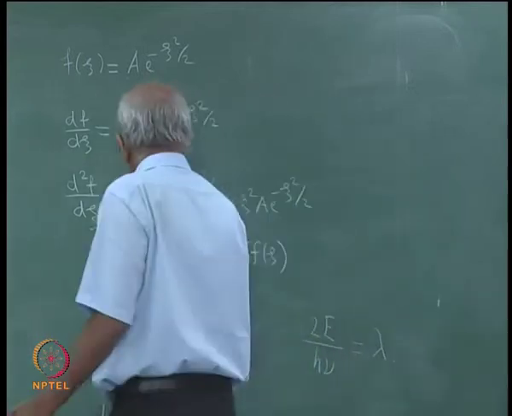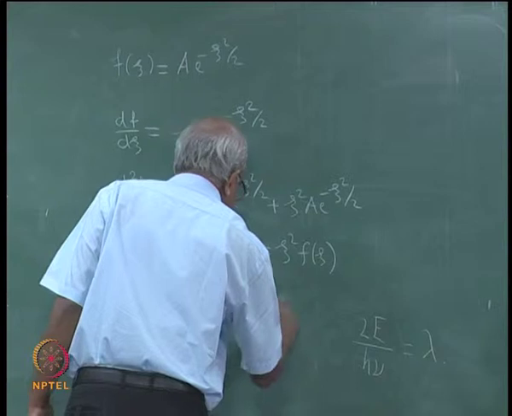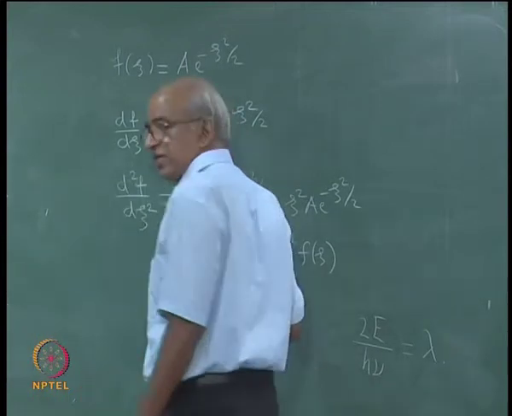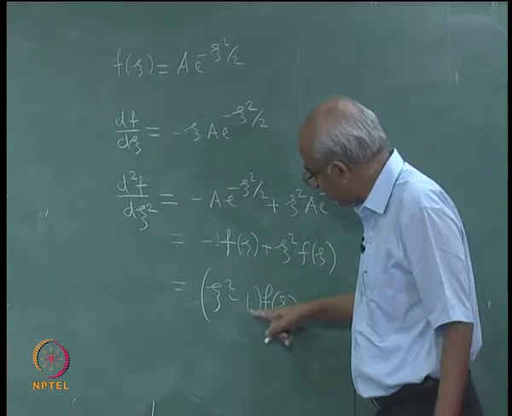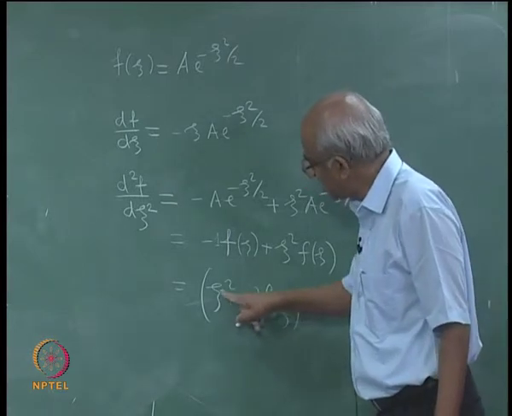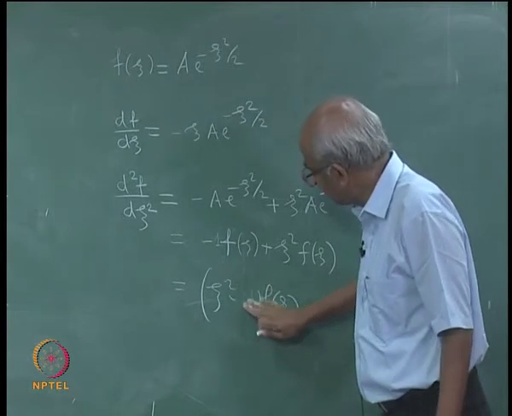So, essentially what I am saying is, this equation as it is may be written as c square minus 1 into f of c, and if c is very large, definitely this 1 can be neglected in comparison with c square, and so let me neglect that.